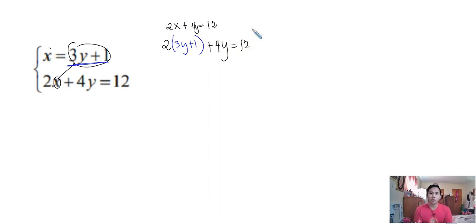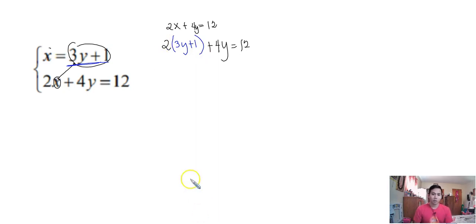Now, if you notice on this example, once you substitute the value of x, you come up with just one variable. So that's your target. You are solving for that one variable already.